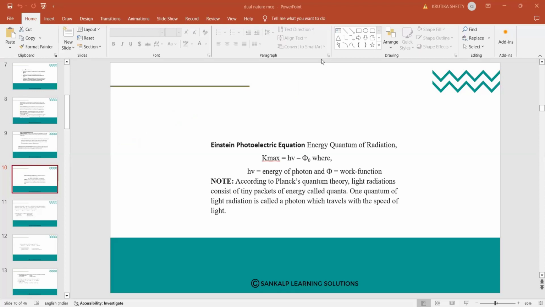Once again I'll share that picture here, the Davisson and Germer experiment.